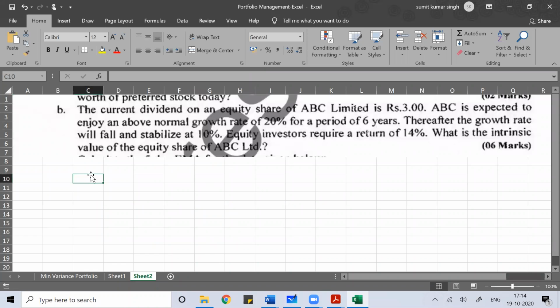So you can see the year: 1, 2, 3, 4, 5, 6, 7. This is dividend, future value of dividend.